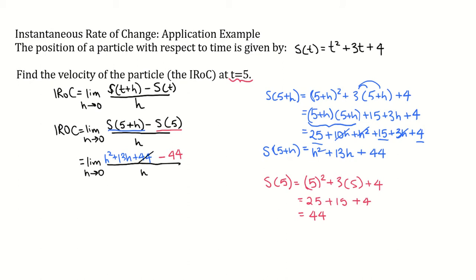When we simplify, these 44's cancel out. We get the limit as h goes to 0 of h squared plus 13h over h.